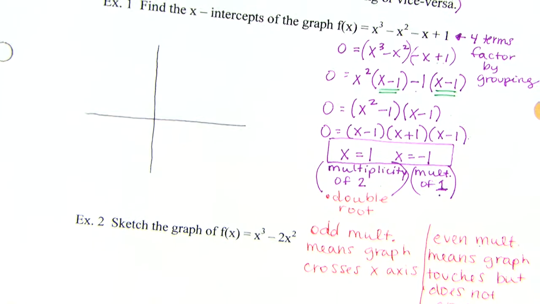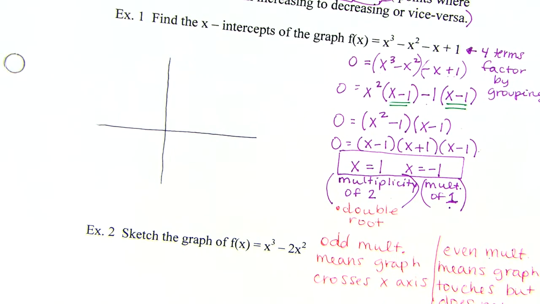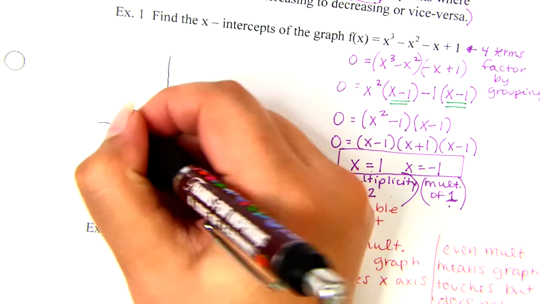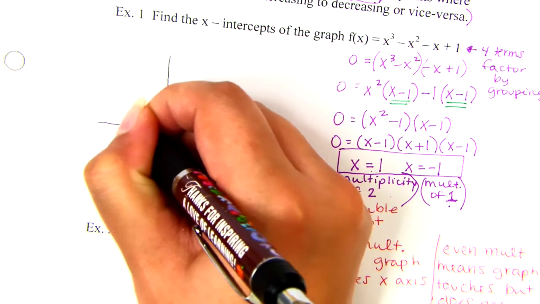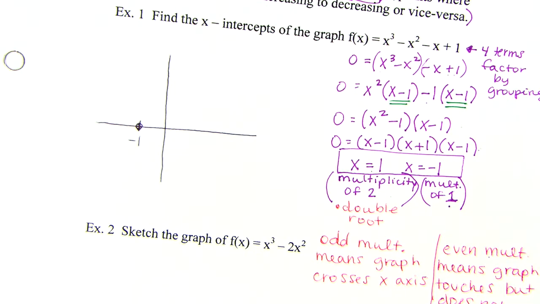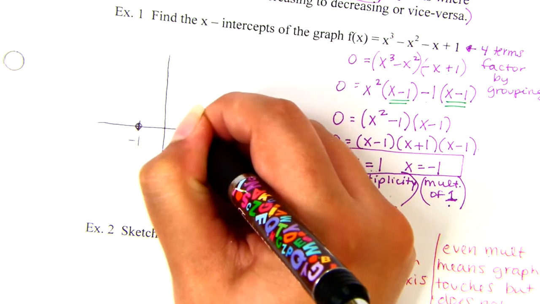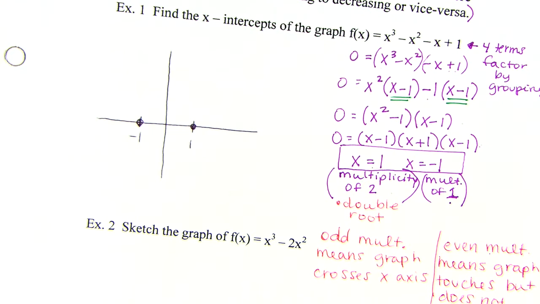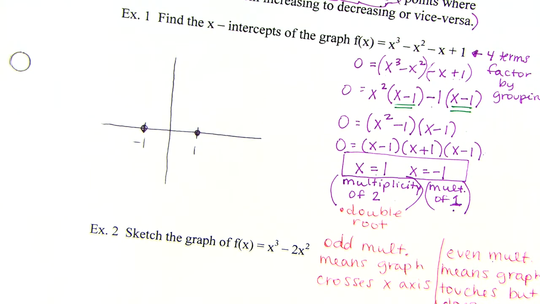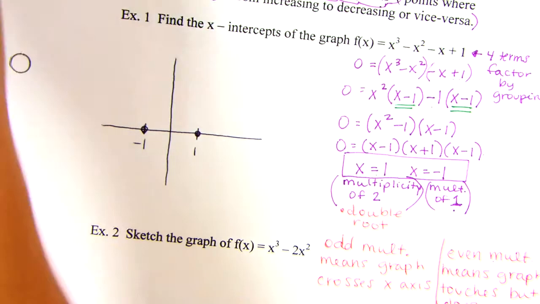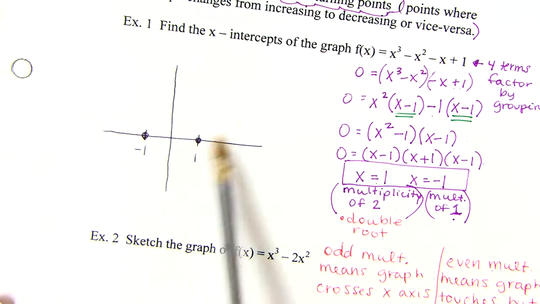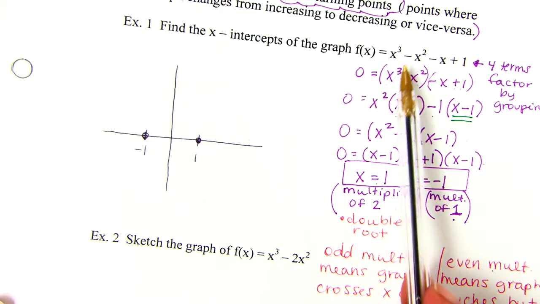So we're going to rough sketch this using what we know. You know roots. So I know that at -1 and at +1, my graph will touch or cross the x-axis. Let's think about some things that we know before we create our graph.